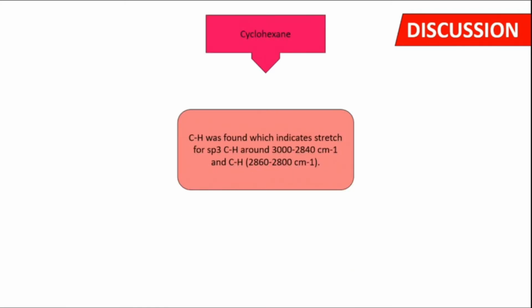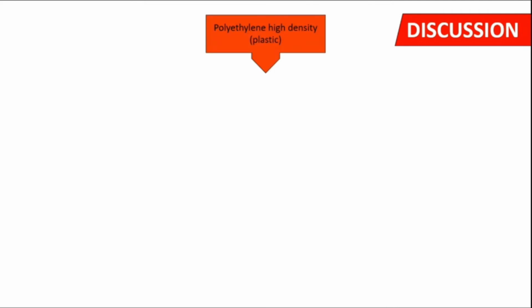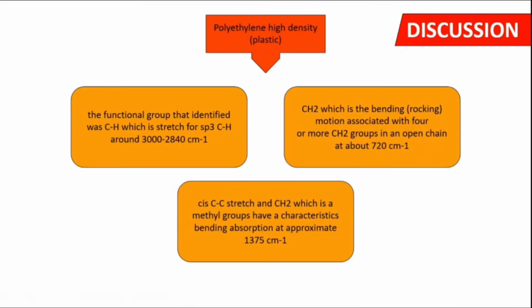For cyclohexane, CH was found, which indicates stretch for sp3 CH around 3000 until 2840 cm⁻¹, and CH2 at 2860 until 2800 cm⁻¹. For polyethylene high density, which is plastic, the functional group identified was CH, which is stretched for sp3 CH around 3000 until 2840 cm⁻¹.